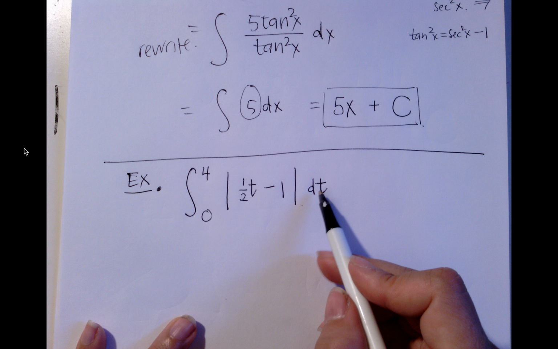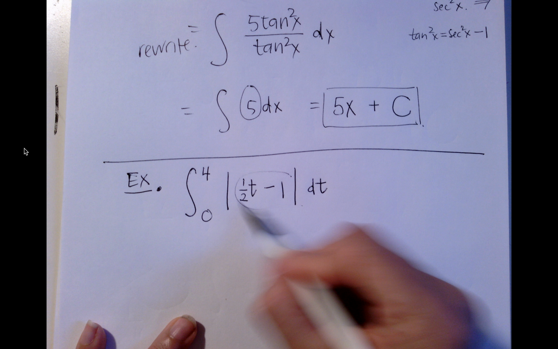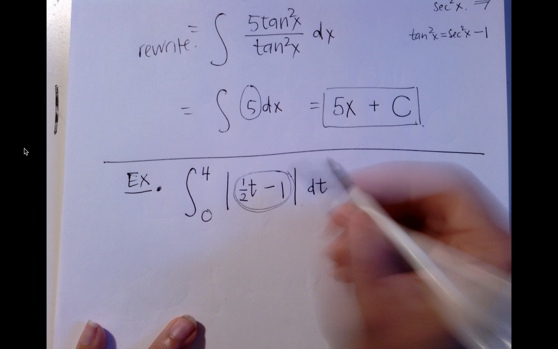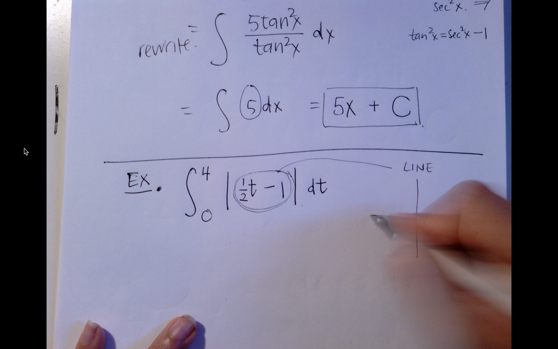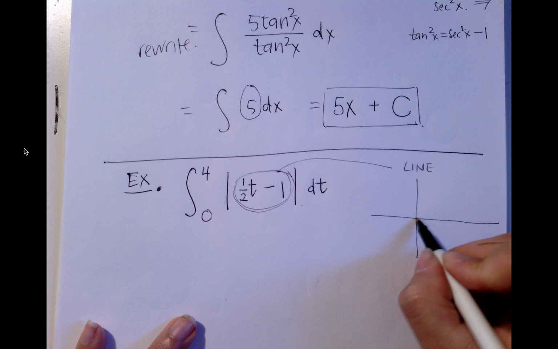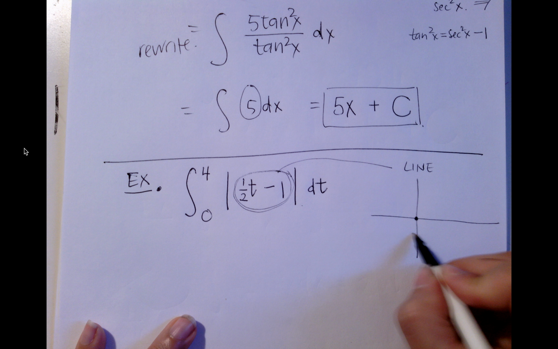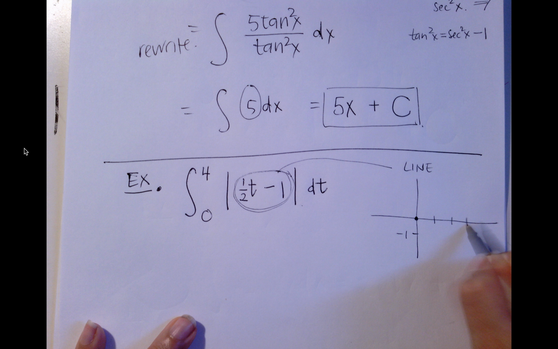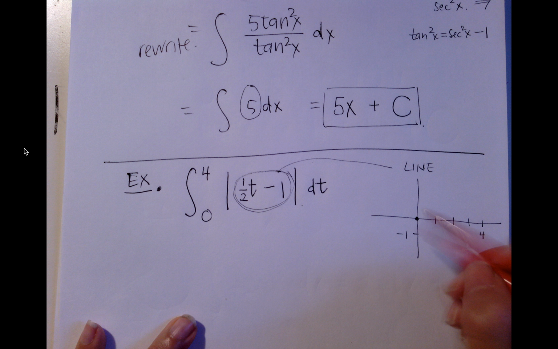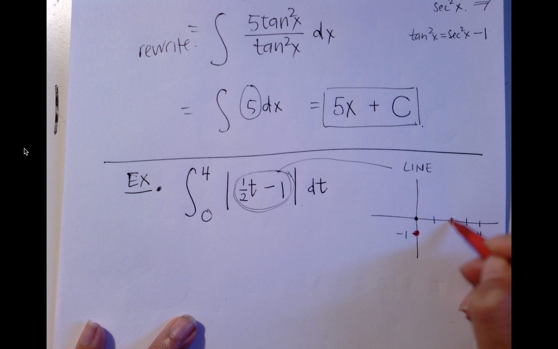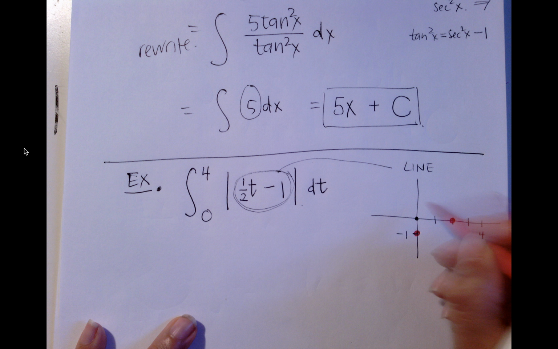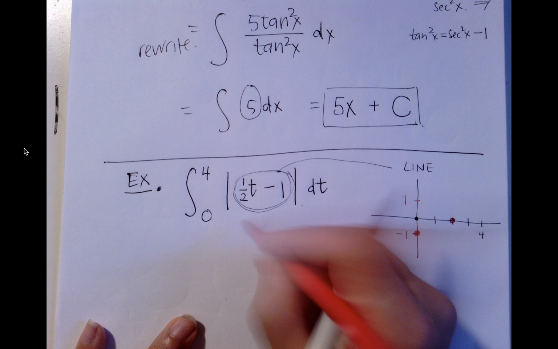So the thing to note is that this function in here is just a line. And if I were to graph this line, on this interval, it would start at -1. So it would start down here. It's equal to 0 when x is 2, and when x is 4, it takes on the value 1.